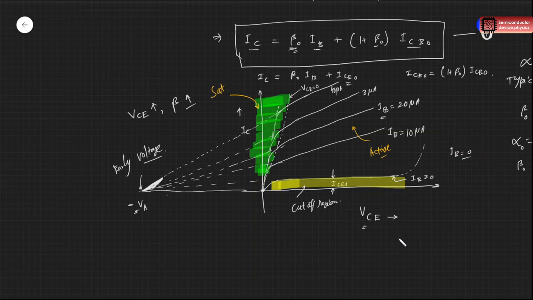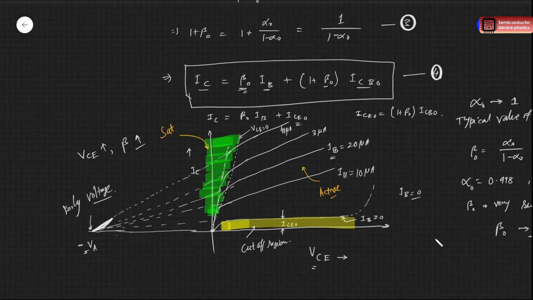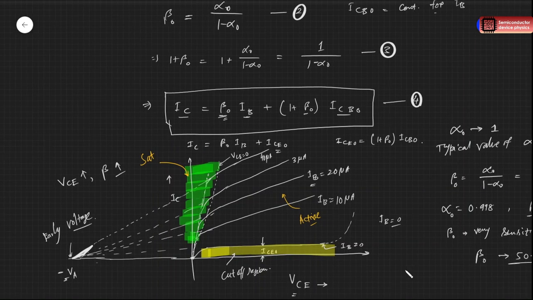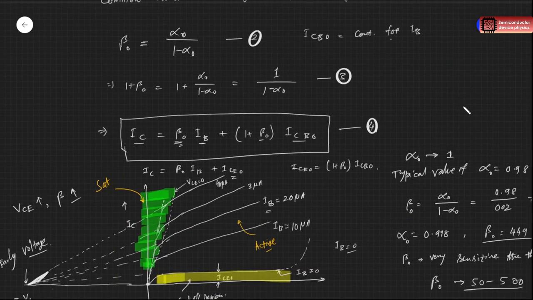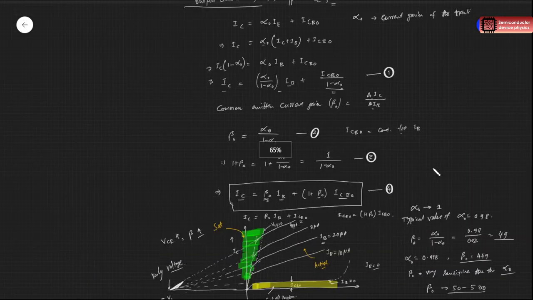Okay. Yeah. So this is our common emitter mode of operation. And in case of common collector, if you try to draw it, it's very similar to common emitter.